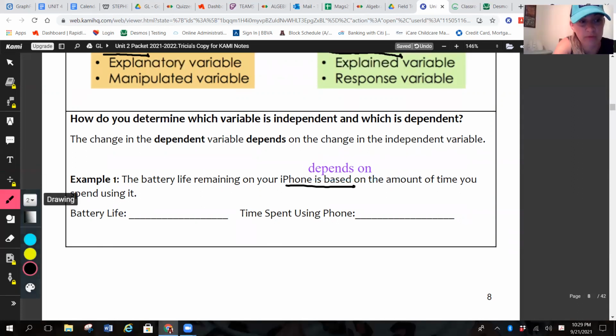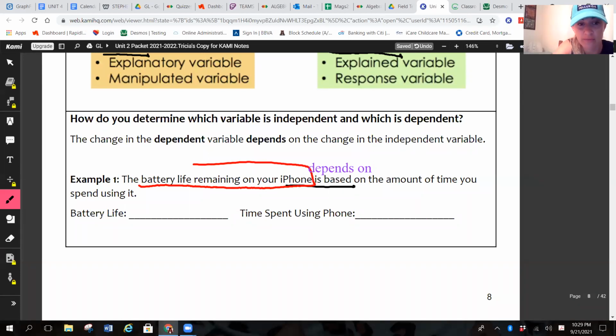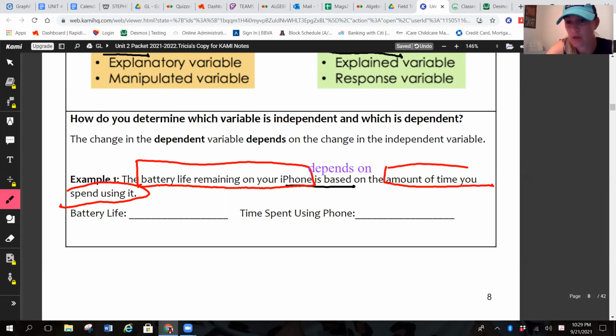So which variable do we control? Do we control the battery life remaining on our iPhone? Or do we control the amount of time we spend using our phone? Which one do we control and which one is the controlled?